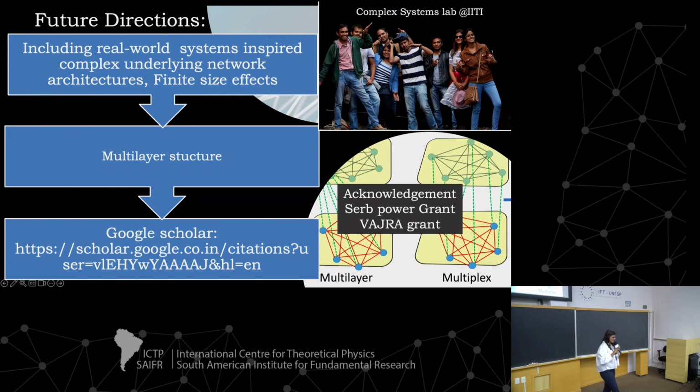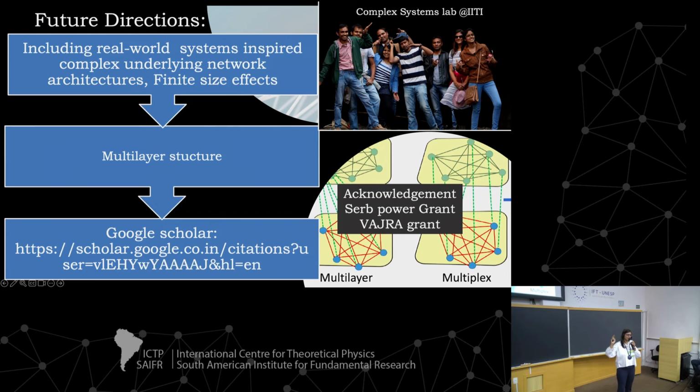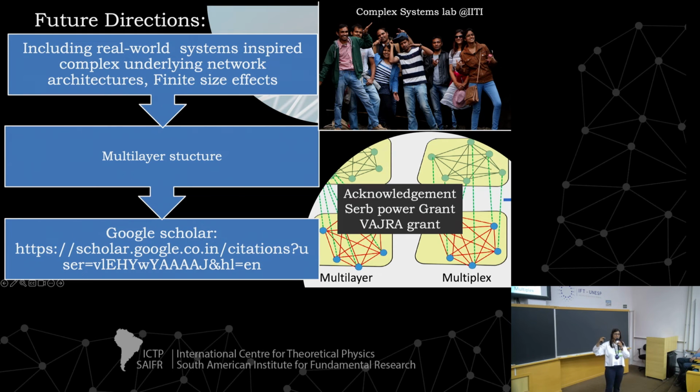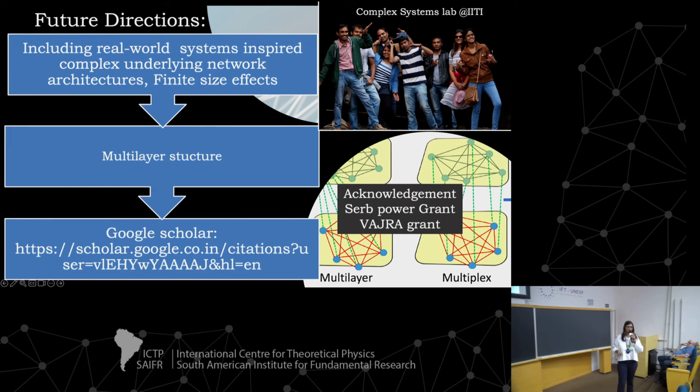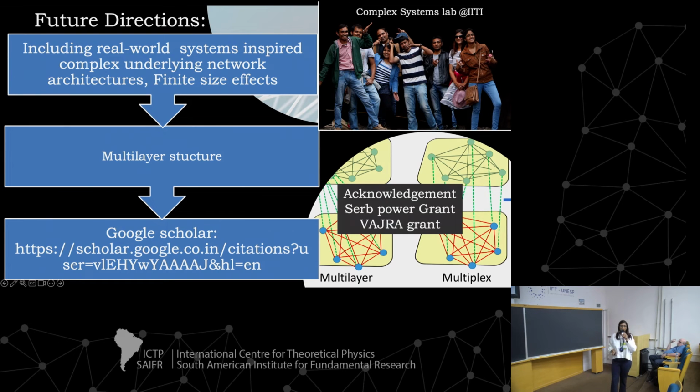Except for that, when you incorporate the network structure, I don't have any idea whether you will get first order or second order, and how much frustration you need in order to get a first order transition. Analytics is very difficult, because earlier you had a global order parameter, and for a network structure you have to have a local order parameter.